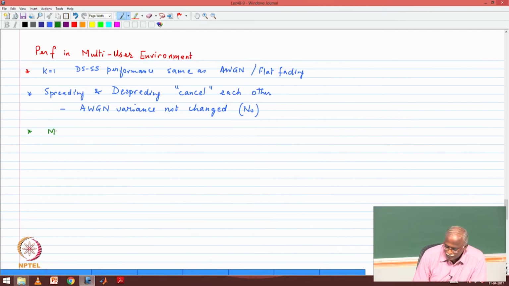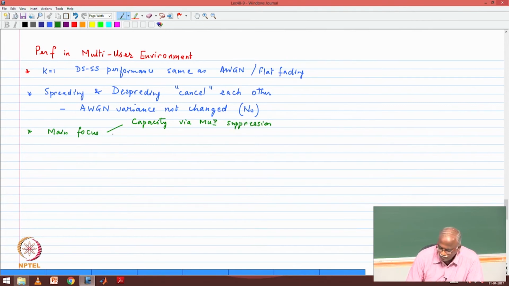So, then what is the interest in a multi-user environment? The main focus for the direct sequence spread spectrum is the capacity. What are the benefits that we can get in terms of the capacity via the multi-user interference suppression because of my spreading process and the receiver techniques that I do?